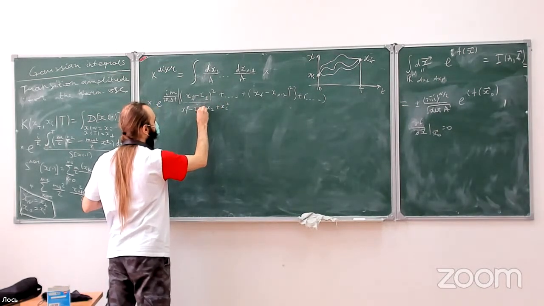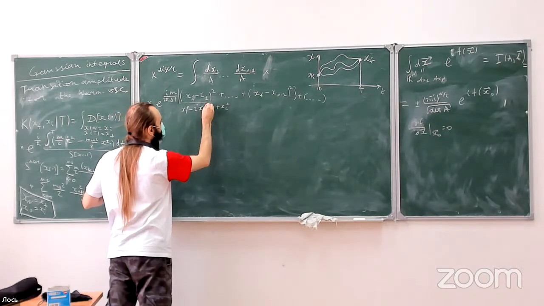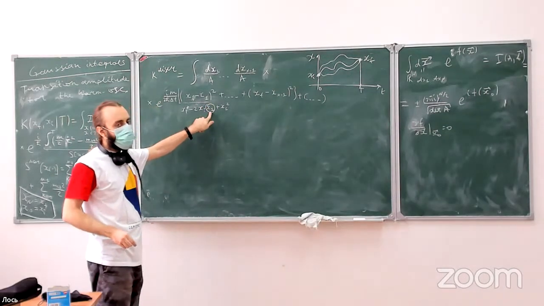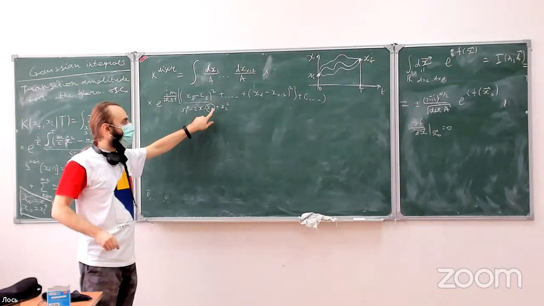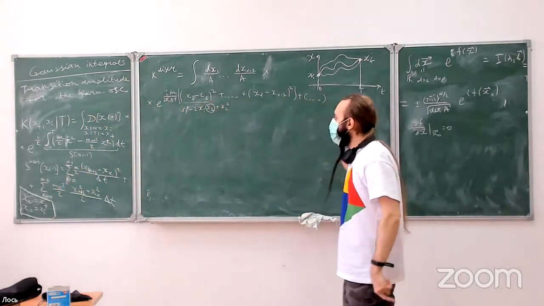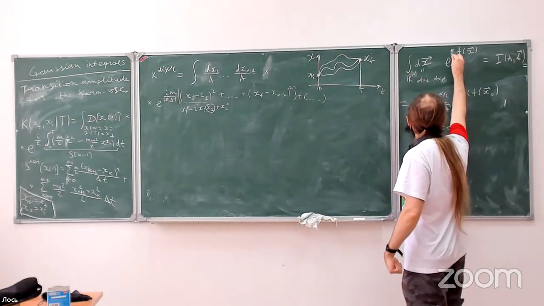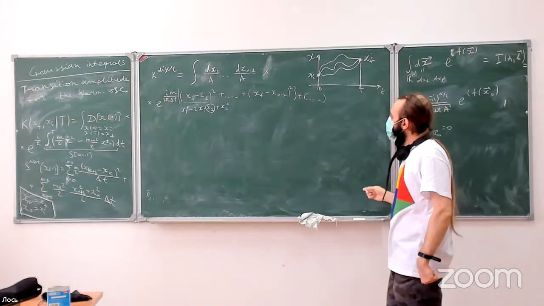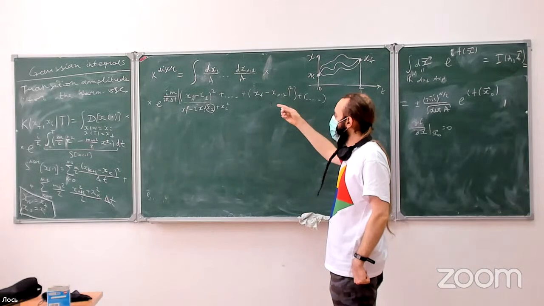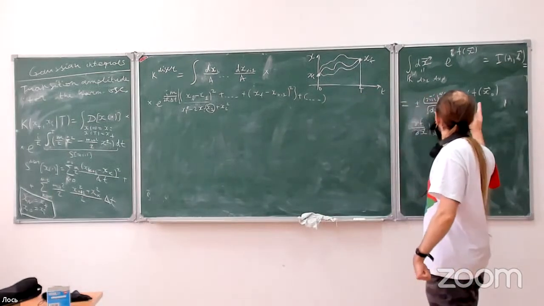And what is the problem, or it's not a problem at all, is that here is the first power of x. So our integral is not just the integral of a quadratic form. It's the integral of a quadratic form with something linear. So we should apply this technique.